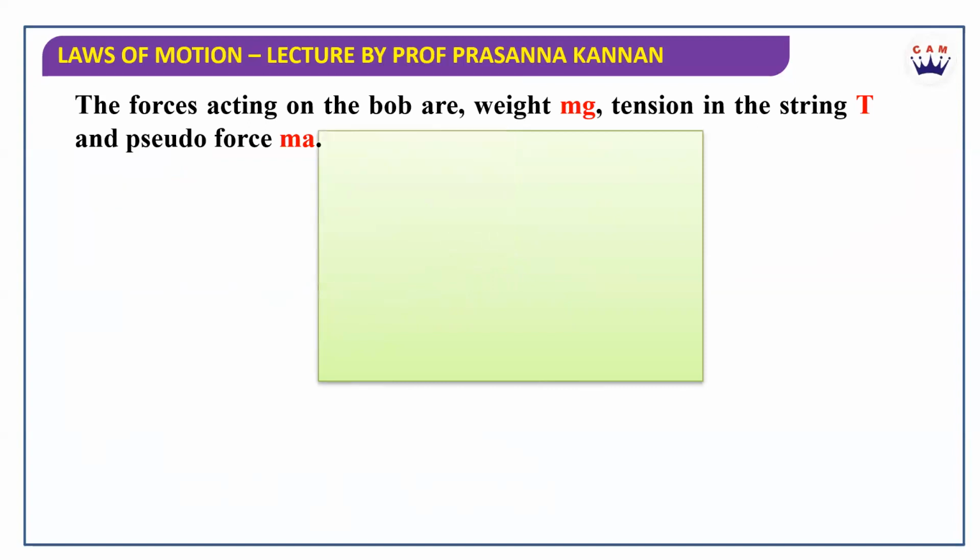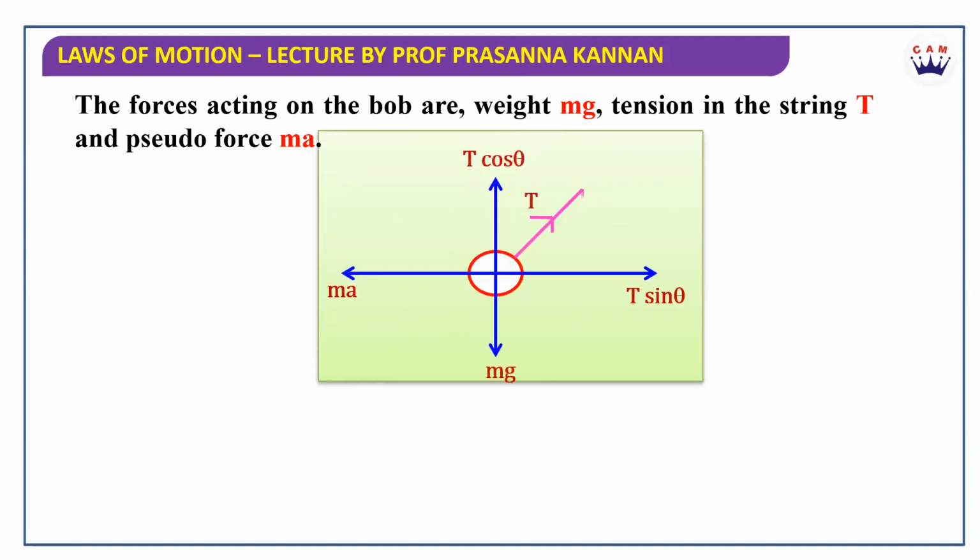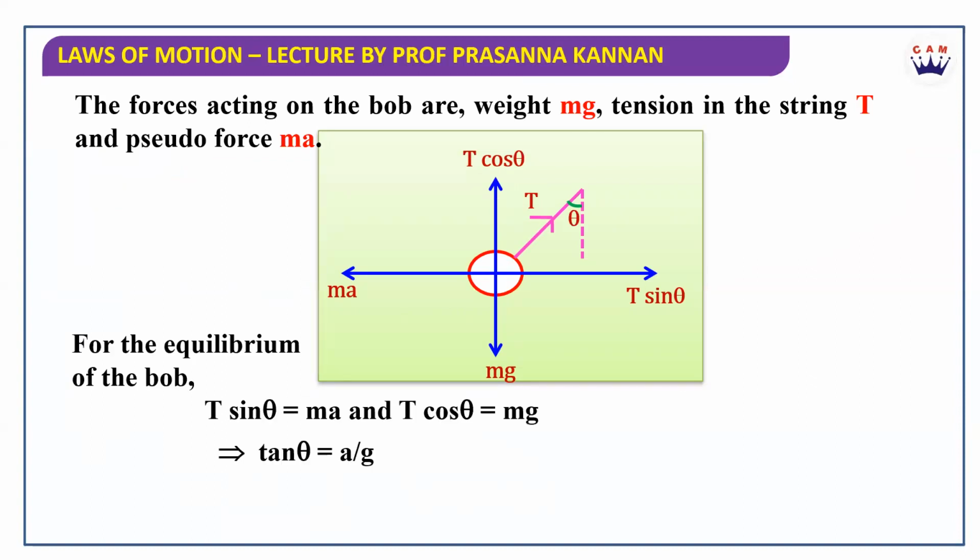Forces acting on the bob are mg. Yeah, this is what I was talking about. You can see here, tension is acting here, ma is acting here, mg is acting here. And what is this angle? Theta. If this angle is theta, what is this angle? Theta, right? Because alternate angles.